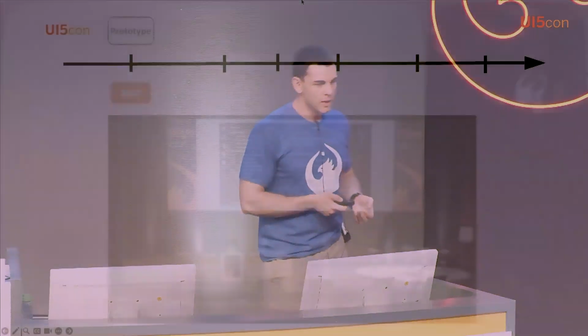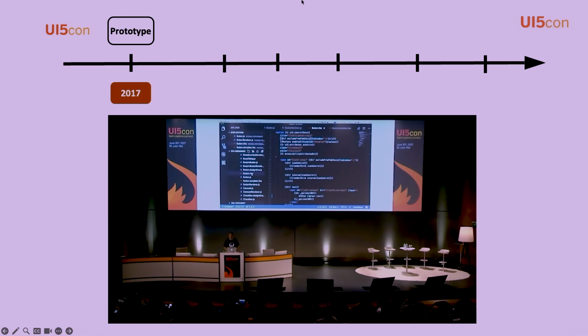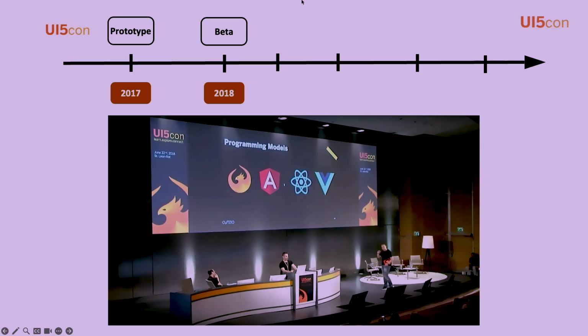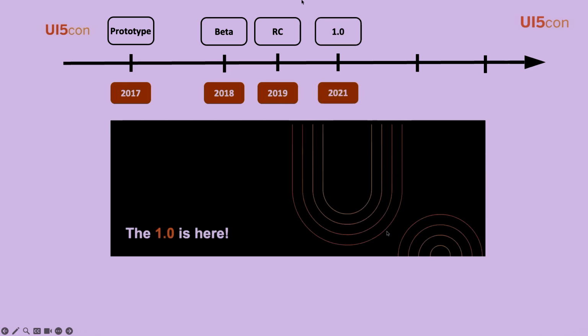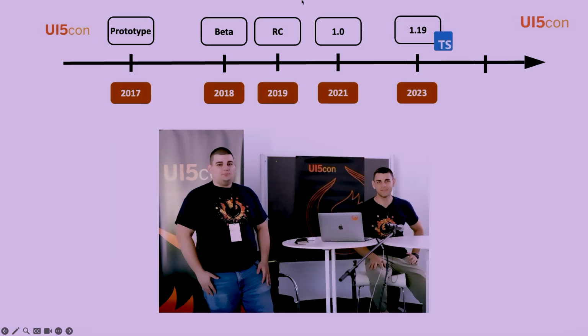Okay, so let's have a look at the project timeline. It all started in 2017 with the first prototypes, and then the next year we already released our beta version, and one year later we had our release candidate, finally reaching our first major release in 2021. We continued our work, adding more and more features.